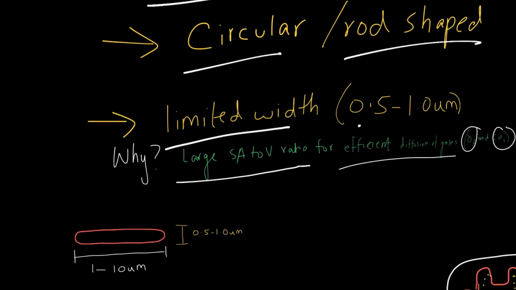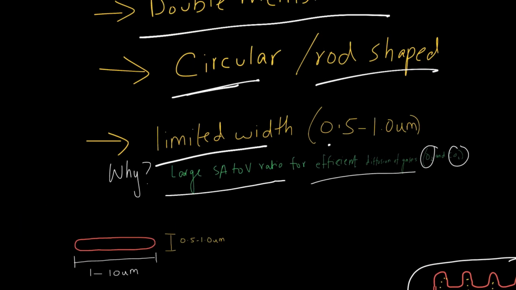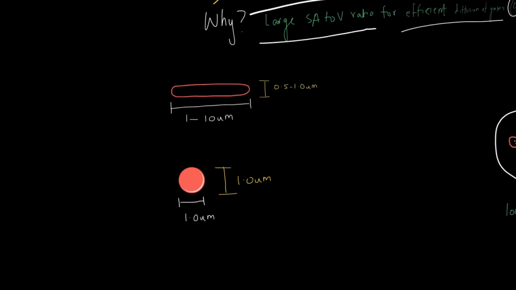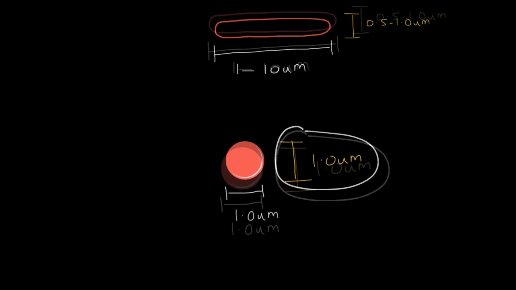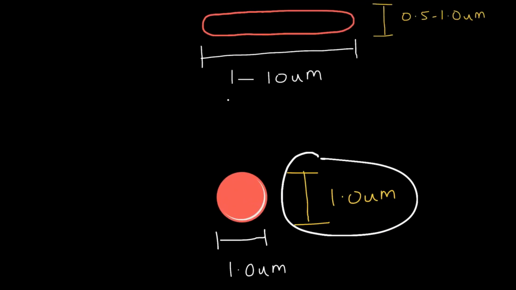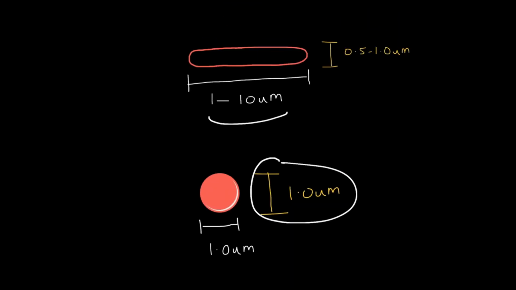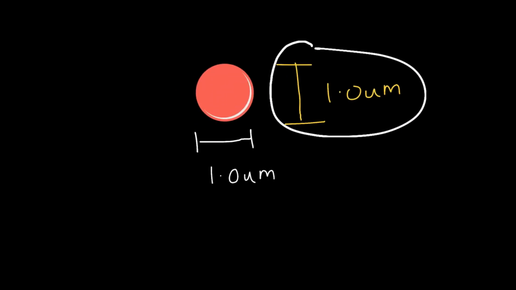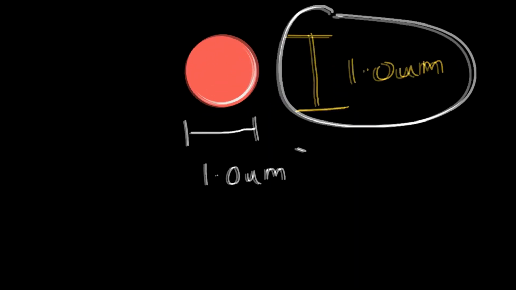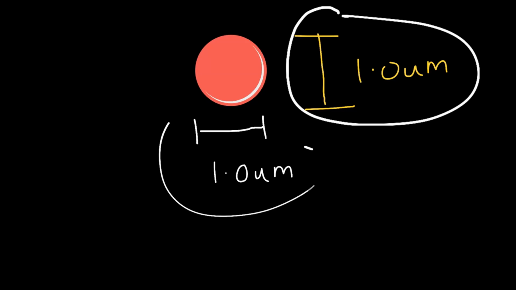So previously I mentioned how it's either circular or rod shaped. So we'll see how that is possible. Its length stays anywhere between 1 to 10 micrometers, right? And the width is 0.5 to 1 micrometer. If the length is the lowest and the width is the highest, it becomes circular shaped, right?